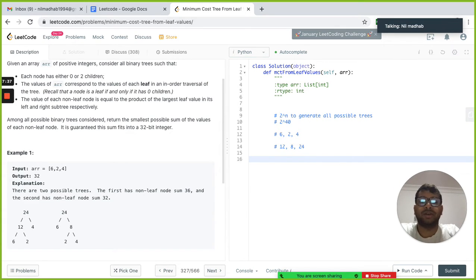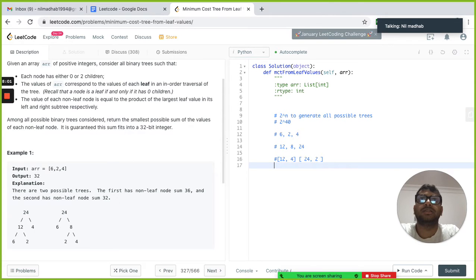Either you can have 12 and 4, or you can have 8 and 6, or 24 and 2, right?